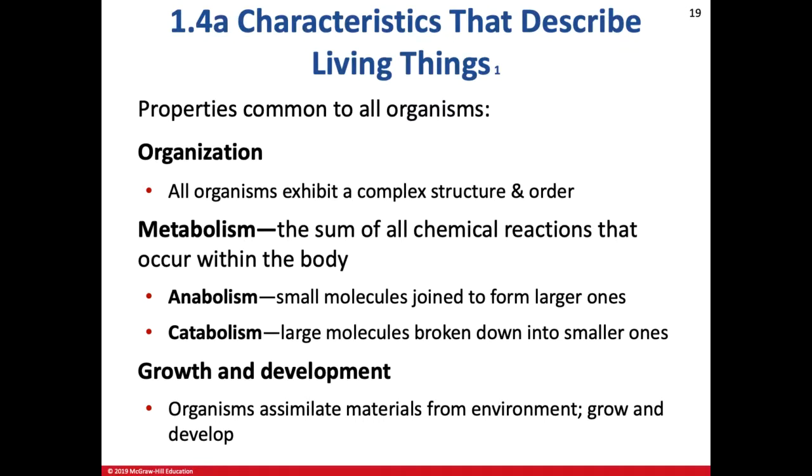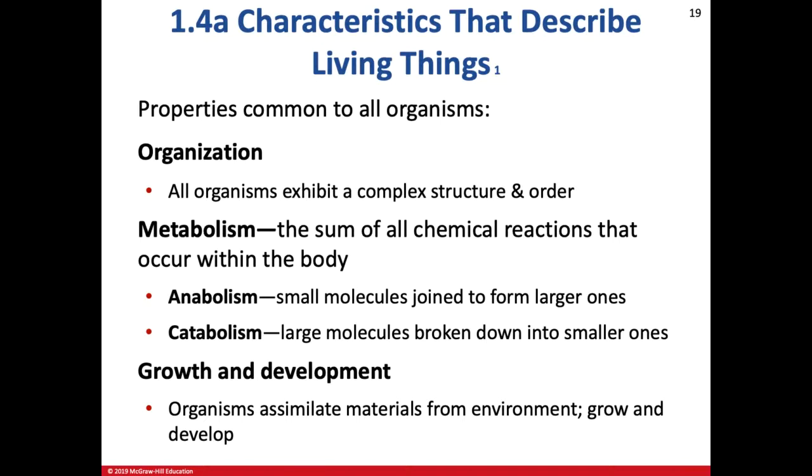One of the things that we note in all living things is that they're organized, right? They have a certain structure to them, and that structure is a result of particular functions that need to be carried out. All living things do metabolic reactions, which means that they pull energy out of fuel molecules and they use that to produce a type of energy that's used to do work.